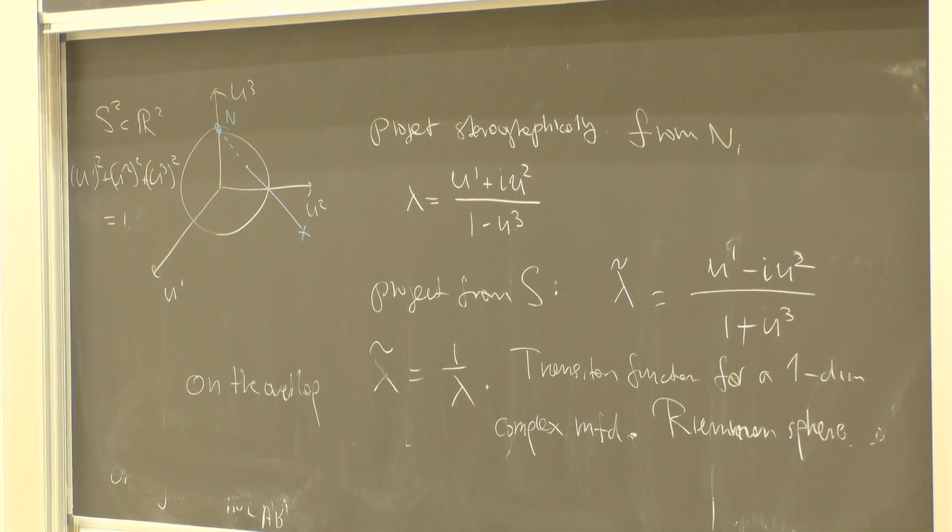Having identified this S2 with a Riemann sphere with coordinate lambda, we can now go back to this question: how do celestial spheres of O and O prime compare?